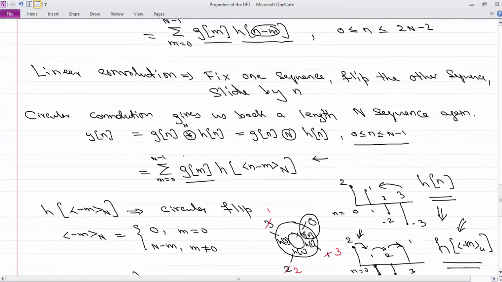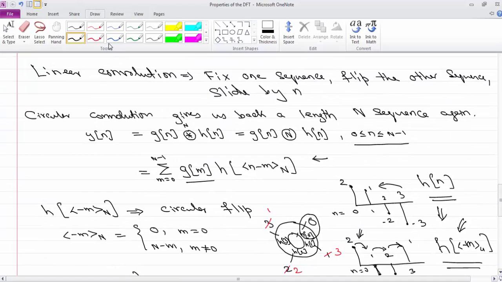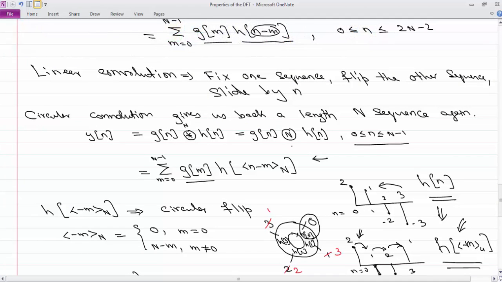The main thing to remember is that just like if you remember your flip and slide rule for linear convolution, circular convolution is very similar to that. You have circular flip and circular slide.